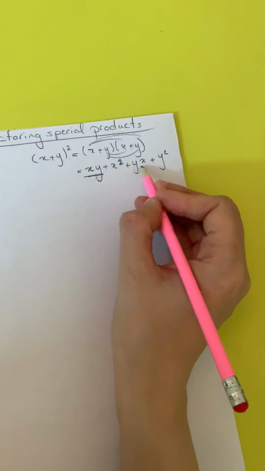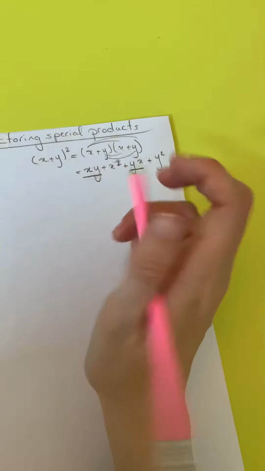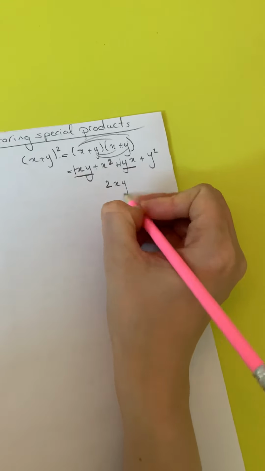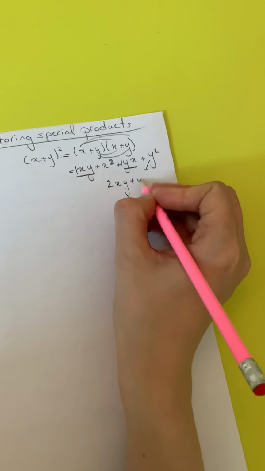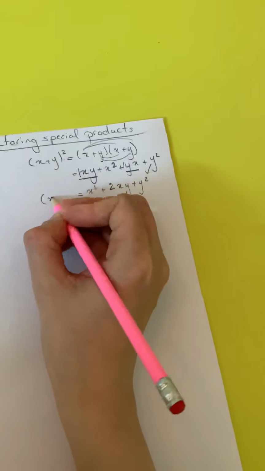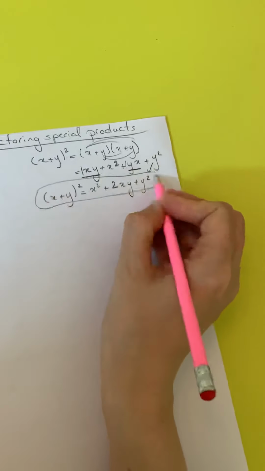Now xy and yx are the same, so we can add them, like here 1 plus 1, which is 2. So 2xy, and here I have y power 2, and here I have x power 2. So this is equal to this.